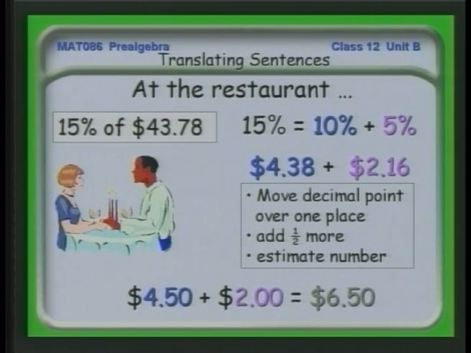Let me round the 438 up to 450, and then round down the 216 to 2. In my head, I can do that math and understand that of the $43.78 restaurant check, I need to leave a $6.50 tip, given, of course, that I was satisfied with the usually excellent service you find at restaurants.